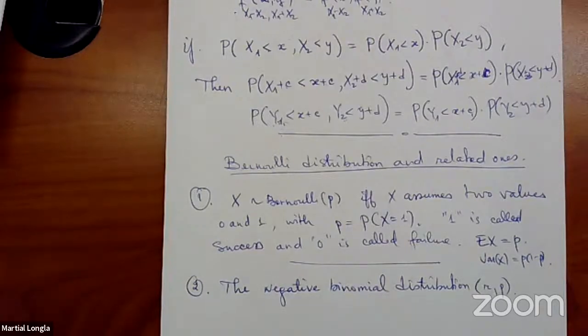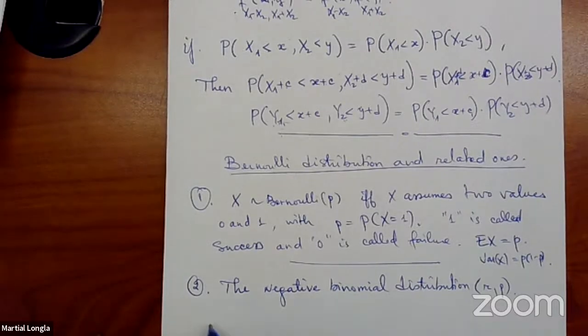You have a certain number of failures that you are allowed to have. Once you reach that number, it stops. You can't continue, right? And so you repeat, and you're focused on the number of failures. You want to model what will happen before you reach R failures.